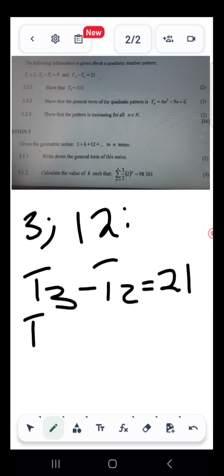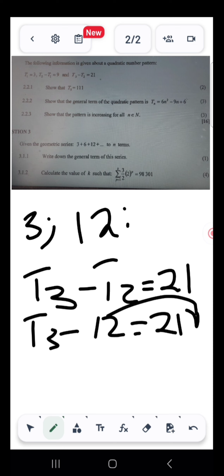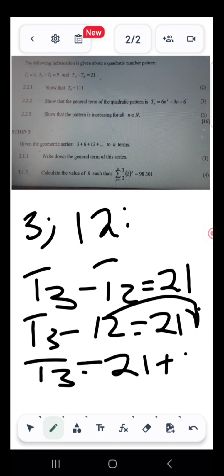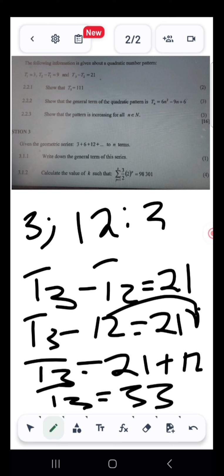So T3 minus 12 is equal to 21. You transpose 12, and then T3 equals 21 plus 12. Then T3 will equal 33.